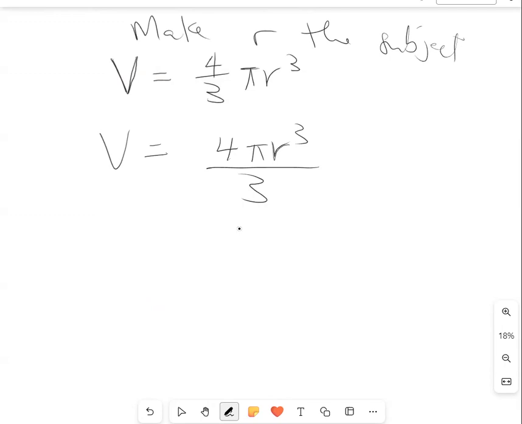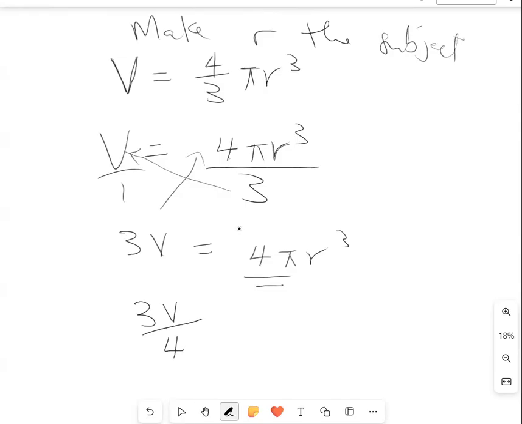So one of the first things we can do is cross multiply like that. So you get 3V equal to 4 pi r cubed. Then we can get rid of this 4 pi by dividing. So we have 3V over 4 pi equal to r cubed.